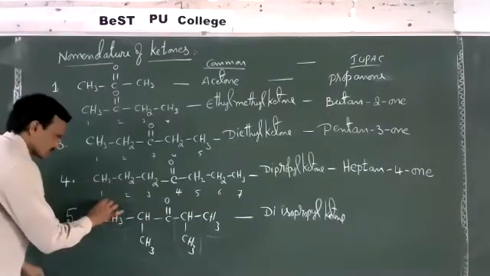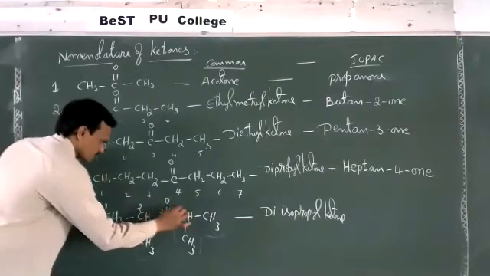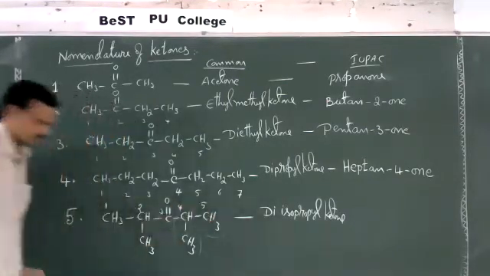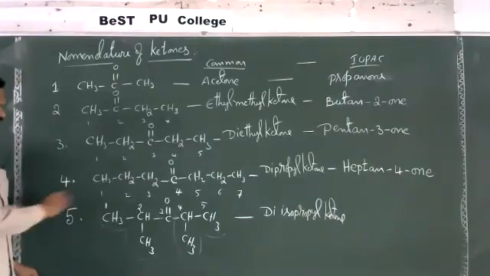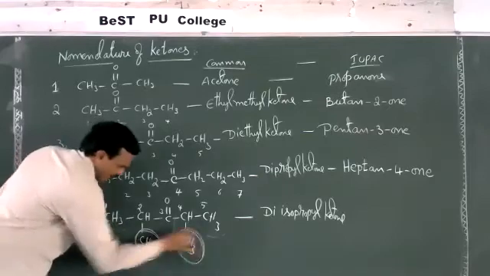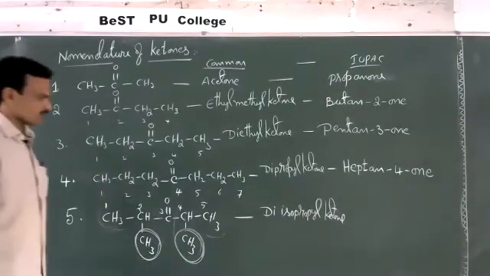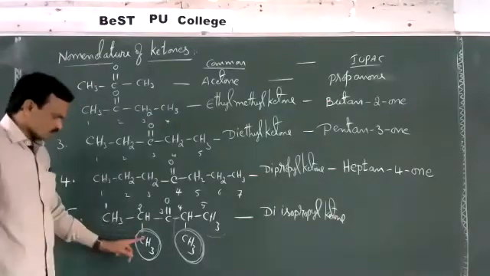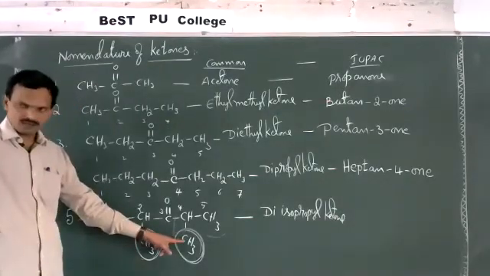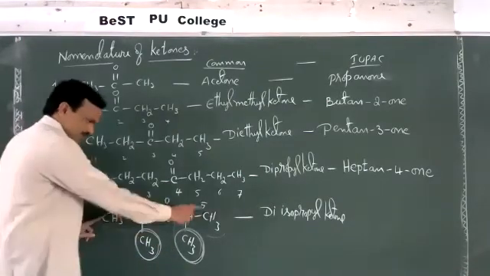So this is 1, 2, 3, 4, 5. So in the long chain 5 carbons are there. Now at the second position and at the fourth position there are 2 methyl groups as branches. So it is written as 2,4-dimethyl.